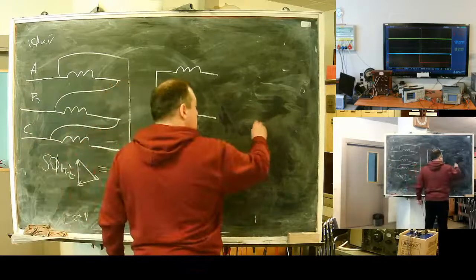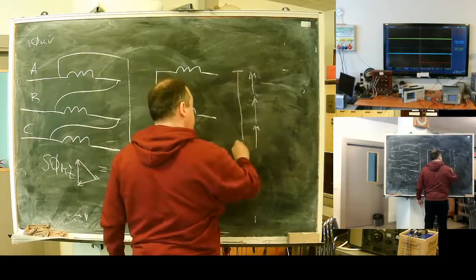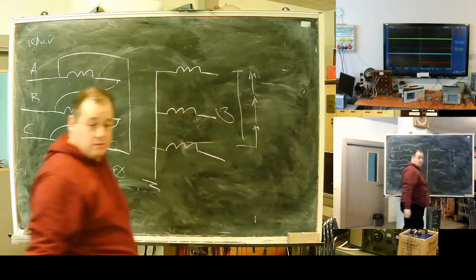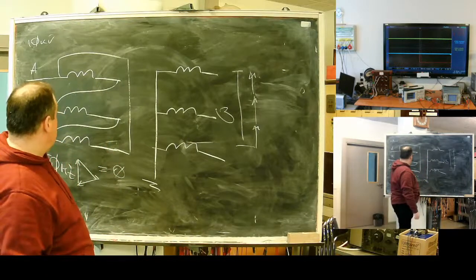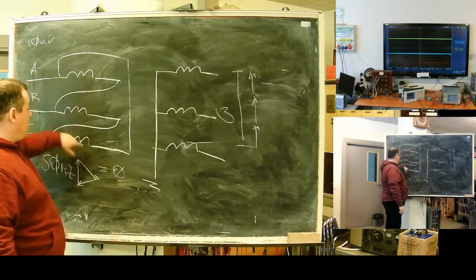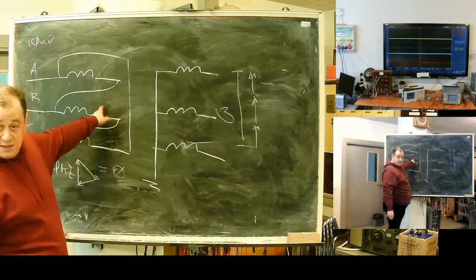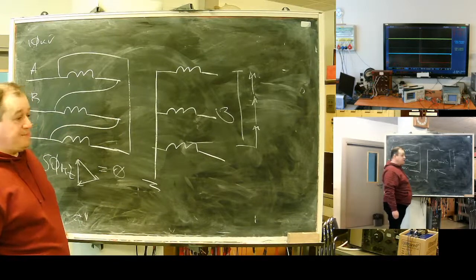We'll see triple third harmonic EMF divided by the sum of the resistances. Third harmonic will circulate in the delta connection. It's like a short circuit.